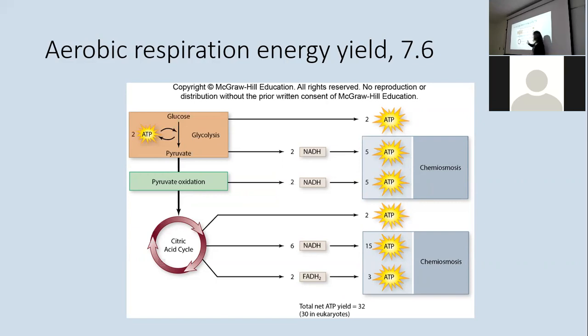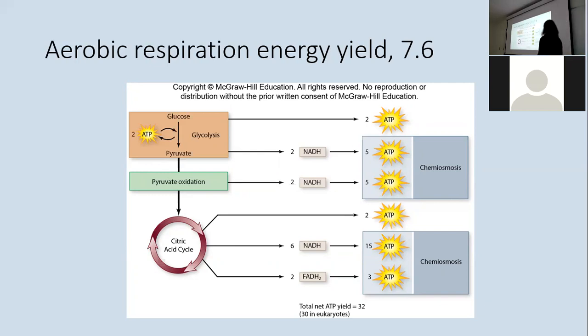In the citric acid cycle, we actually loaded up 6 NADH, which gets us 15 ATP. It's not exact, it's actually fractions, but I don't care about fractions, so this is good enough. We're just going to round it up. And then we did have those 2 slightly weaker FADH. So 2 FADH only gets you 3 ATP, but ultimately you end up with 32 as your net yield.